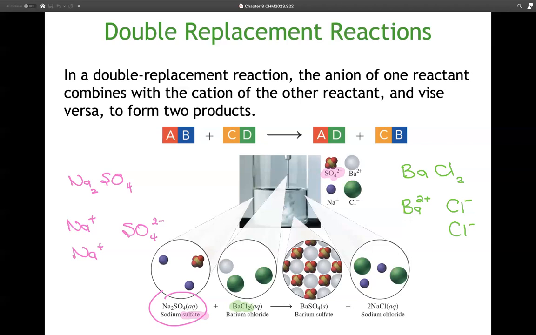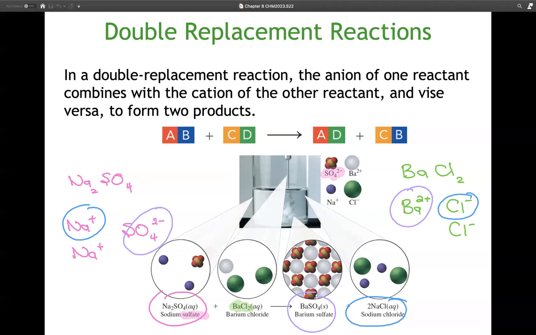So now when the reaction takes place, the cation of one will form a bond with the anion of the other, and here's sodium chloride. And then the cation of one will form a bond with the anion of the other, and that's barium sulfate.